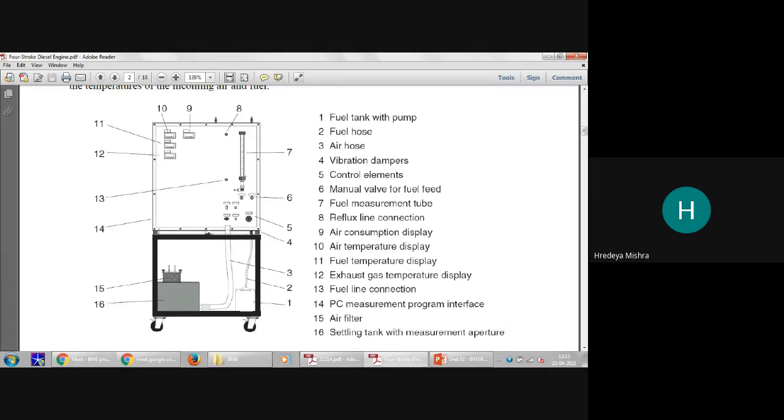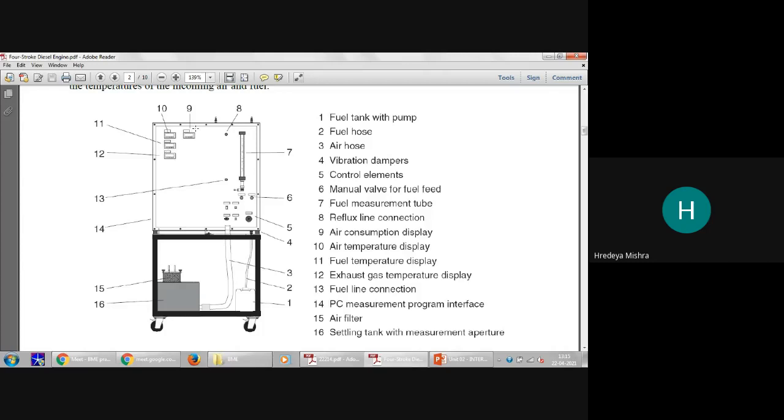Reflux line connection is there. Air consumption display, number nine. How much air is consumed is displayed here. Ten is air temperature, displayed here. Number eleven, fuel temperature is shown here, and number twelve, the exhaust gases temperature.